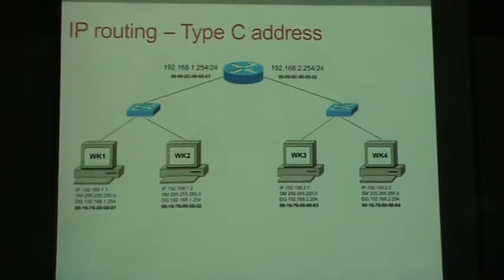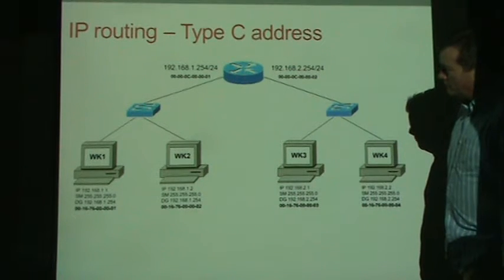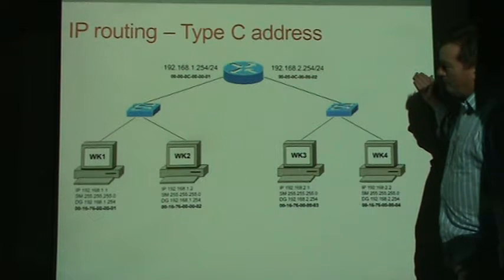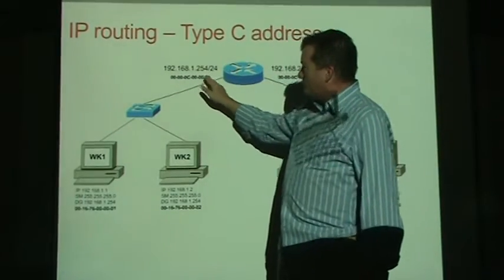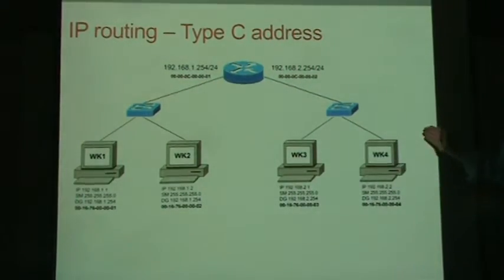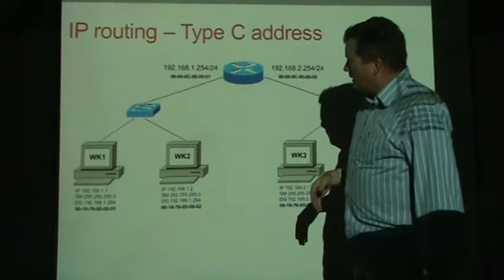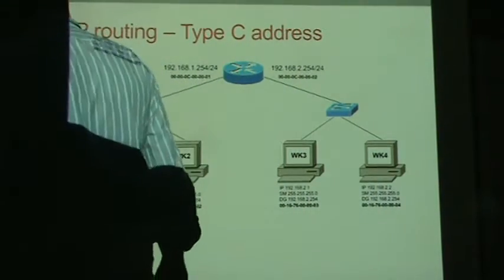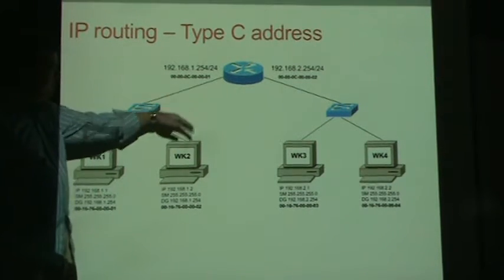Okay, so now if we wanted to route data around, and if an IP address like 192.168.1.254, if a message was being sent to that IP address, so the question would be, first of all, what type is this one?